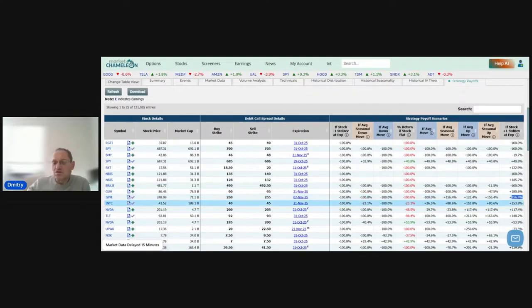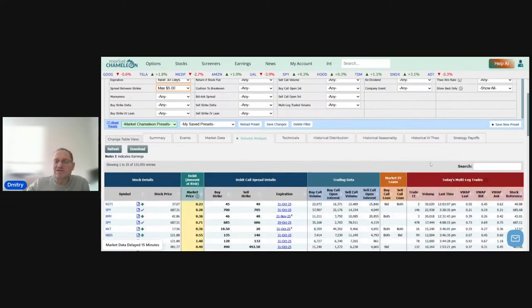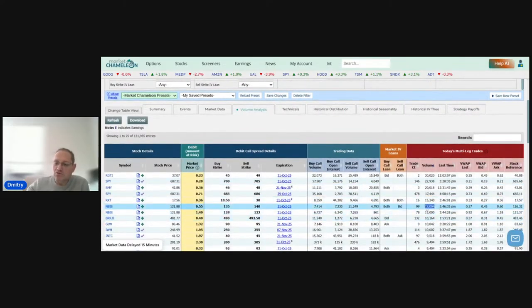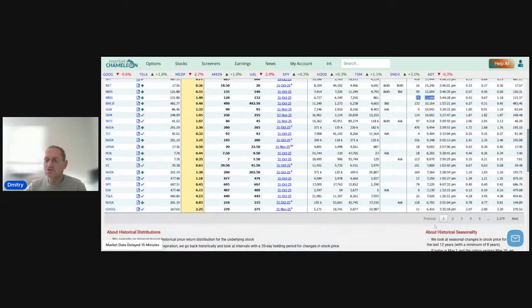So these different analytics allow us to scan, even with our eyes, a list of stocks that we just sorted based on volume that's already trading in those. Somebody is already actively trading these spreads. Some of them have pretty high volume, in the thousands.